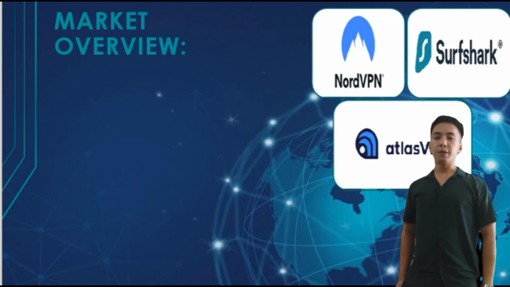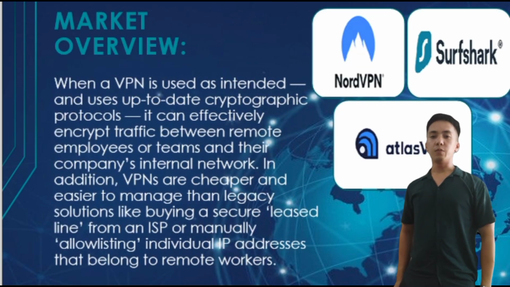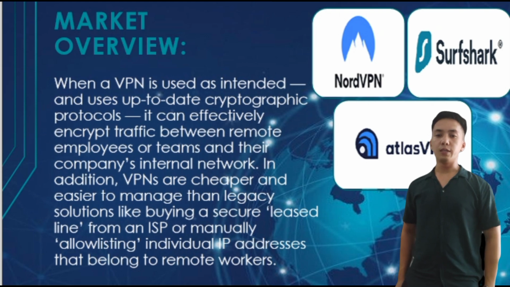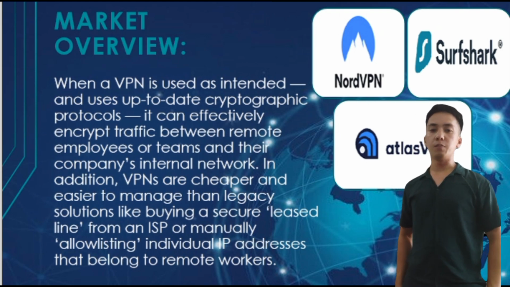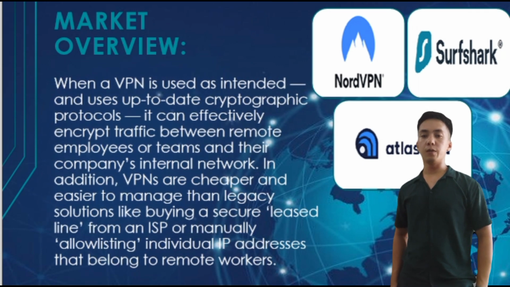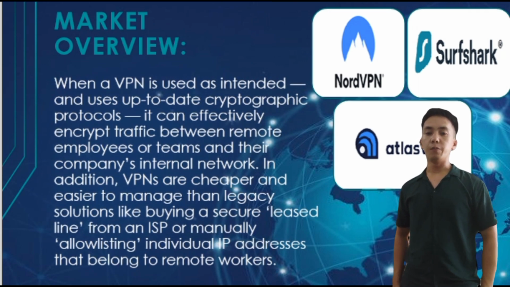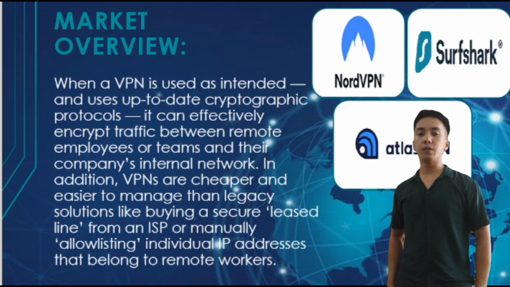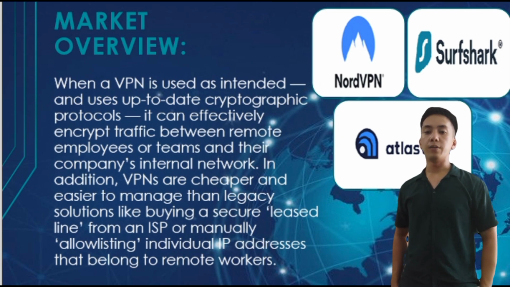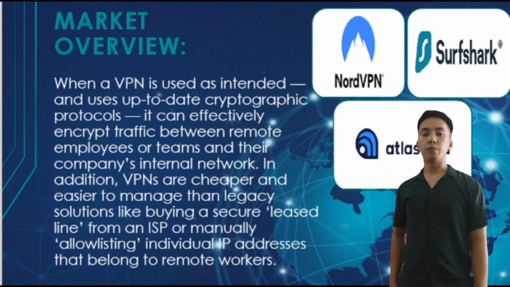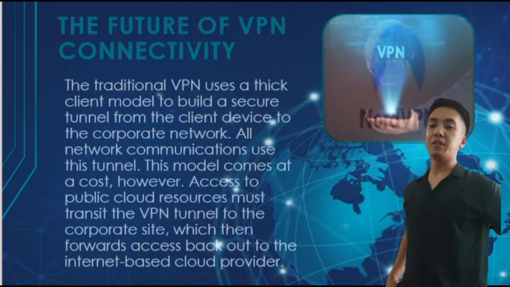Market overview. When a VPN is properly implemented and uses up-to-date cryptographic protocols, it can effectively encrypt traffic between remote employees or teams and their company's internal network. In addition, VPNs are cheaper and easier to manage than legacy solutions like buying a secure leased line from an ISP or manually allow-listing the IP addresses that belong to remote workers. Features of VPN connectivity.